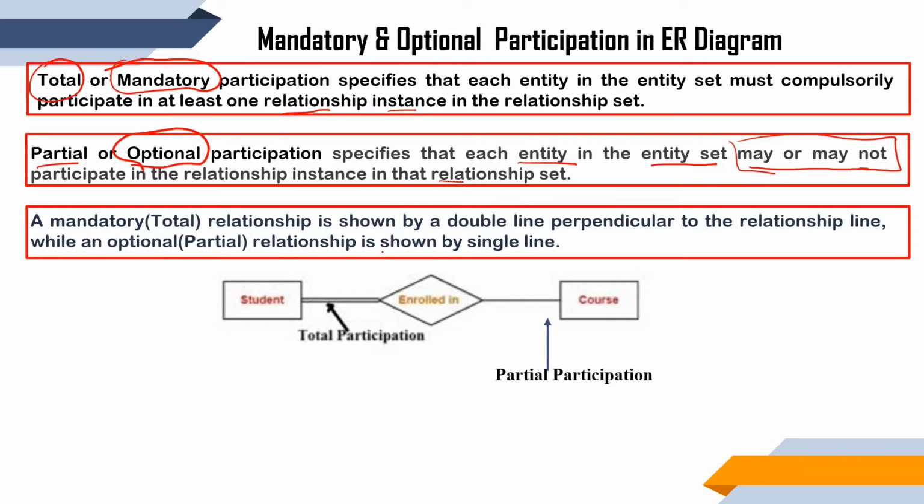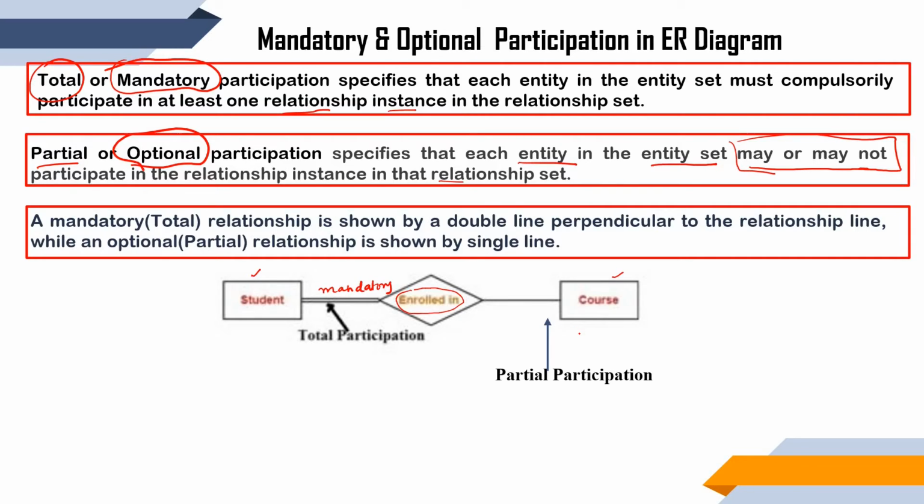Let me give you an example of mandatory or total relationship. As you can see from this diagram, student is enrolled. Any student who has come to our institute, he or she will be enrolled in a course, right? So it is a mandatory relationship that student, whenever he has become a student, that means definitely he has enrolled in some course in our college, right?